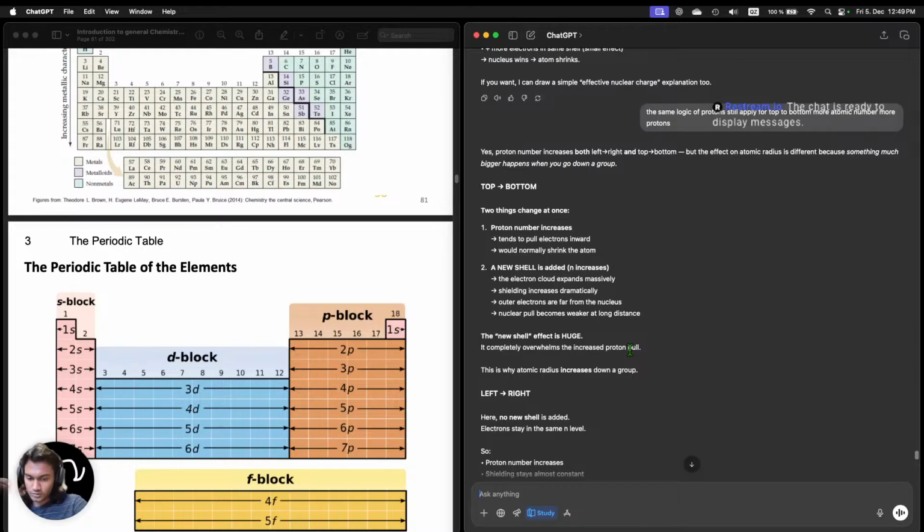More shells, resulting in electron shielding effect. More protons to pull in electrons.